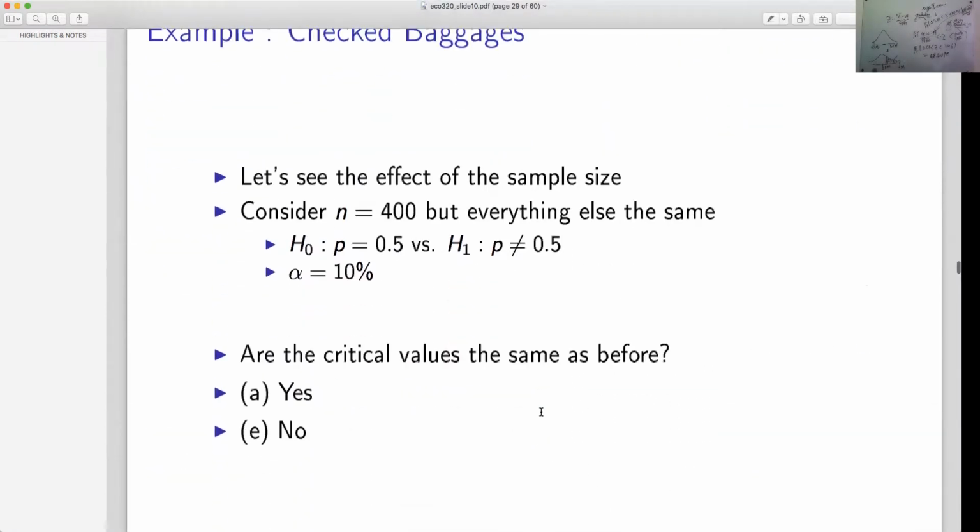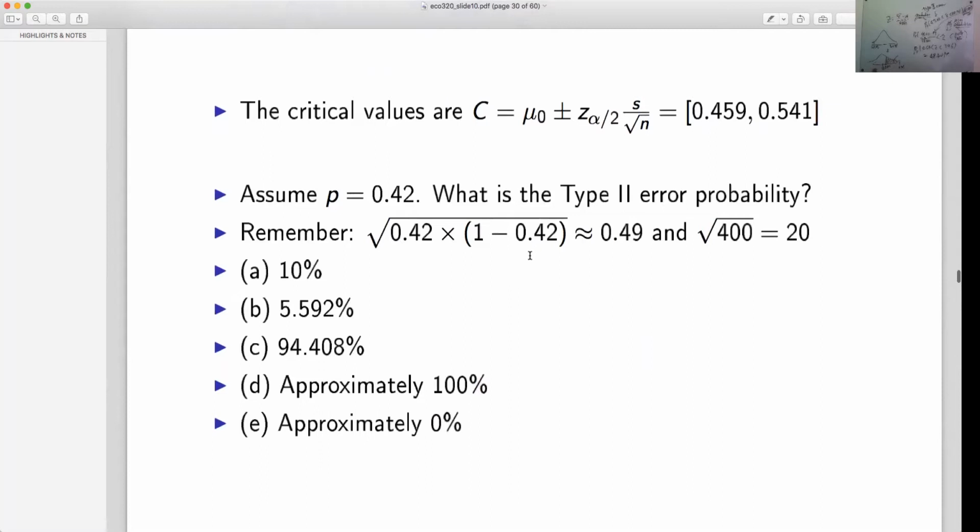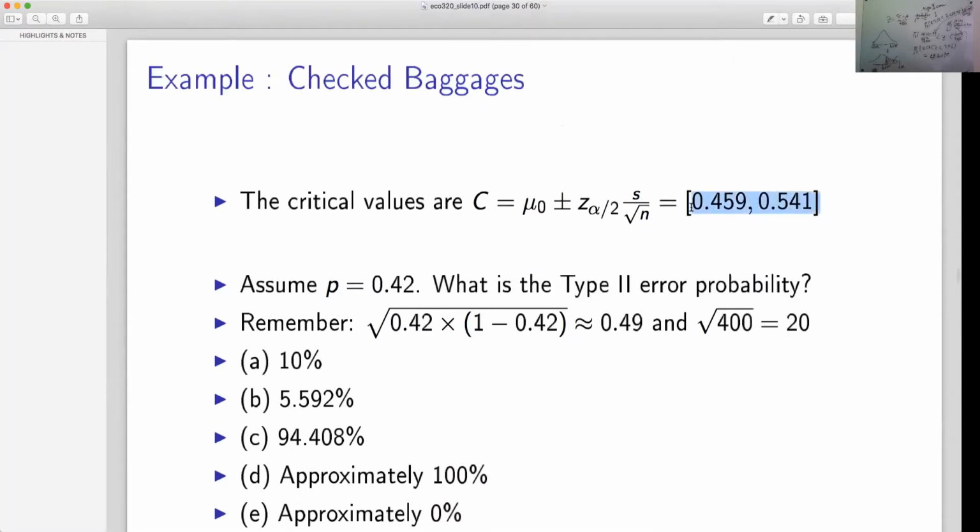Let's look at the effect of sample size. Let's say you increase the sample to 400 and the other things are the same. Is the critical value the same as before? Okay, critical values are this. So how did they change? It becomes much narrower, conditioning on them still being at the 10% level, right?